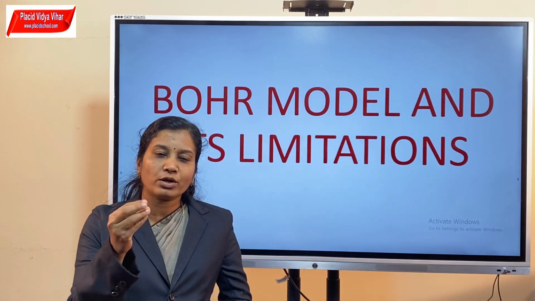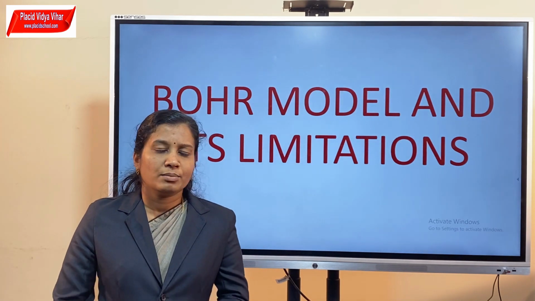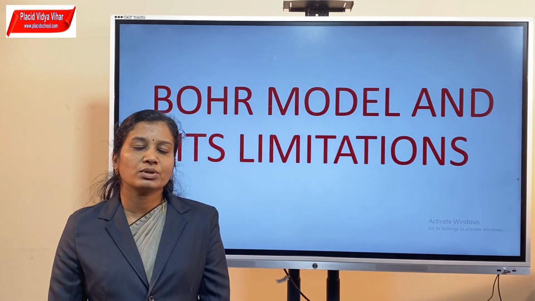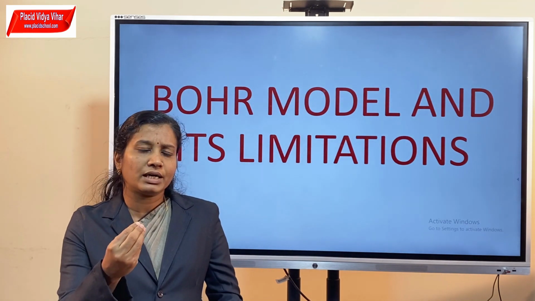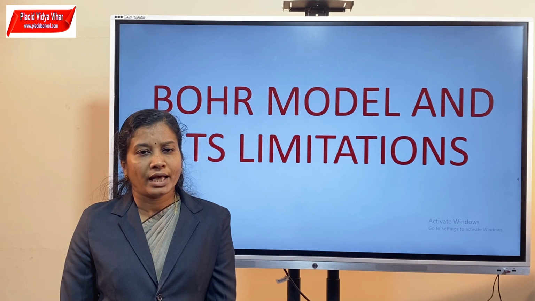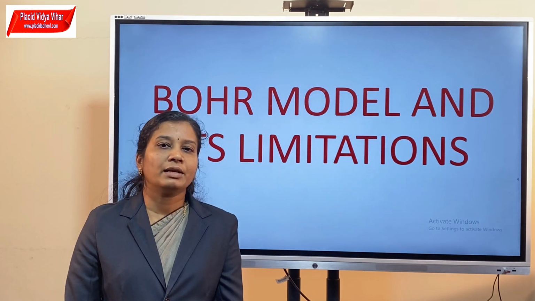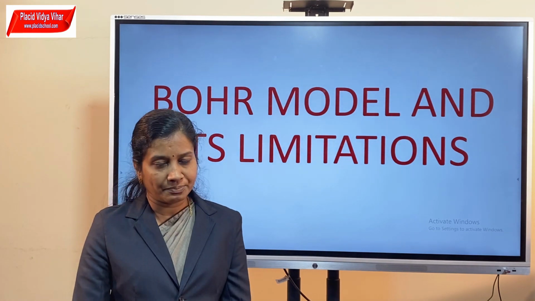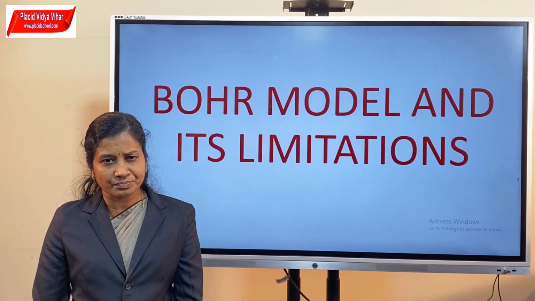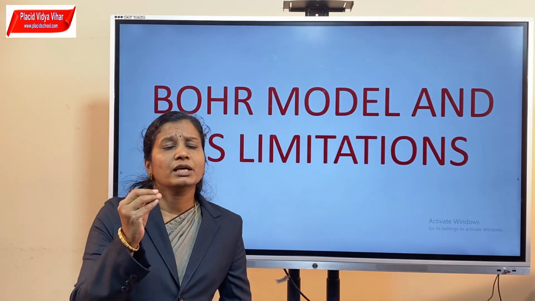So you all know those observations. Most of the alpha particles pass through the gold foil without any deflection. Some of the alpha particles show some deflection, and very few alpha particles, that means 1 in 20,000, were deflected by 180 degrees. From these observations, he concluded the atomic model.